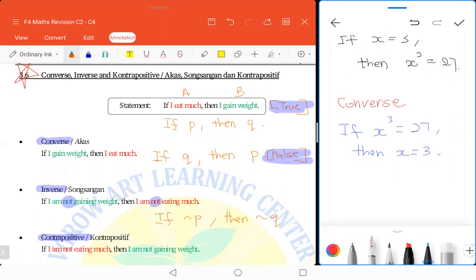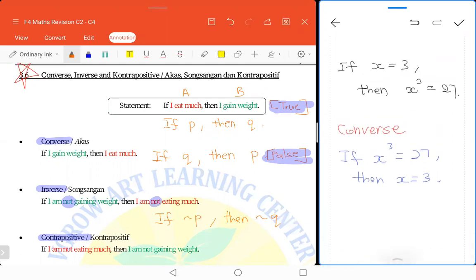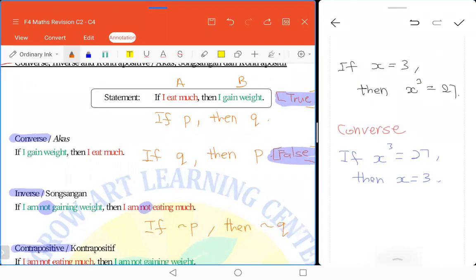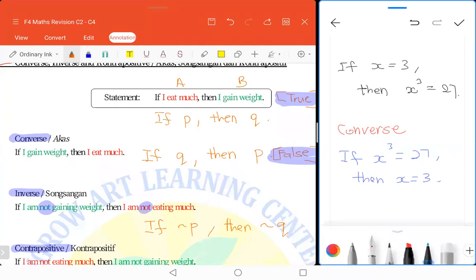What? I don't understand, teacher. Which part? The converse, do you mean the converse? Yeah, the converse. Okay, the converse means you just terbalik, flip the sentence. Again, I split this sentence. If x equals 3, sentence A. Then x cubed equals 27.